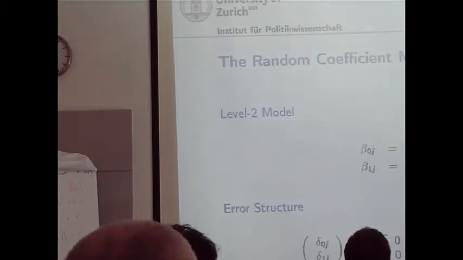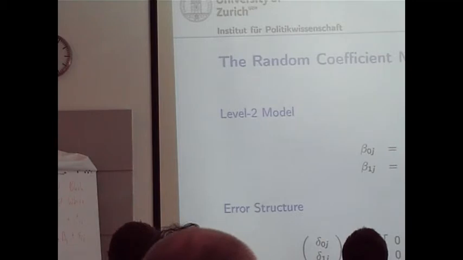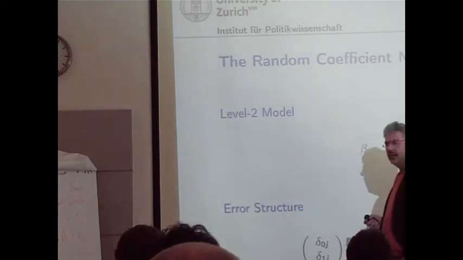I could have specified an element above the diagonal as well, but it would have been exactly that same covariance, so that's why I left it out. So that's the error structure that we have here.